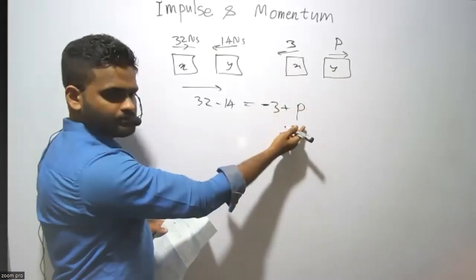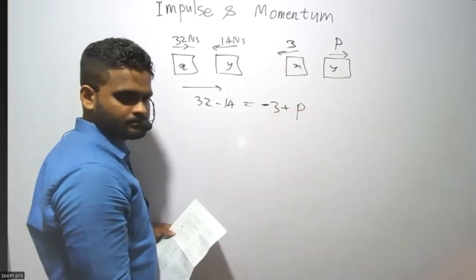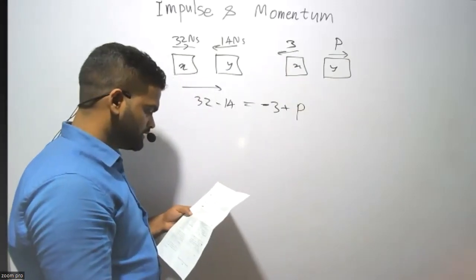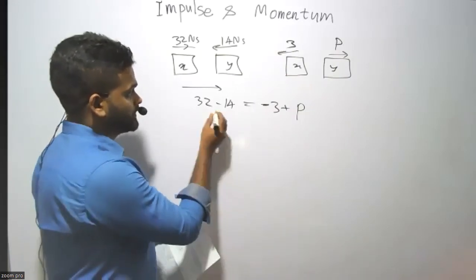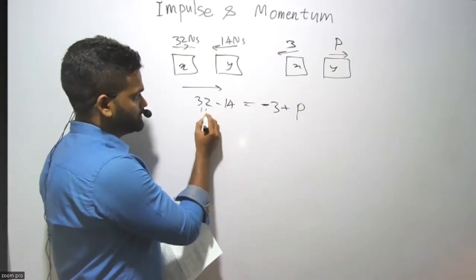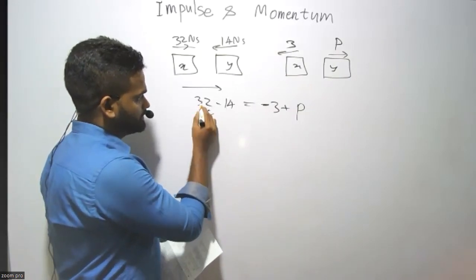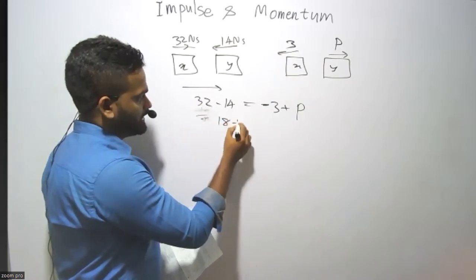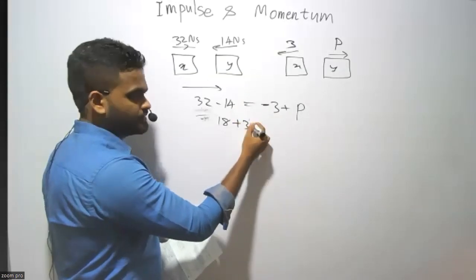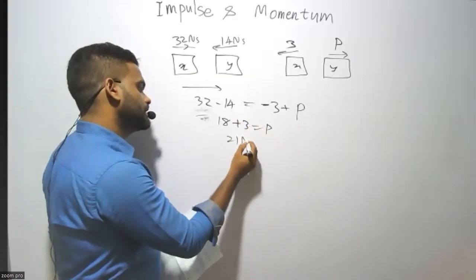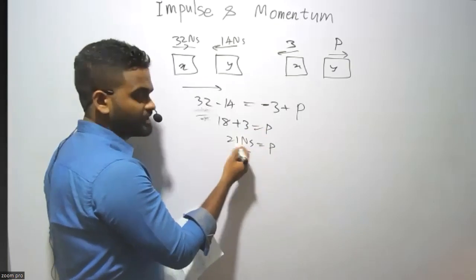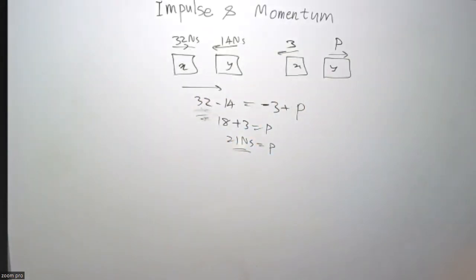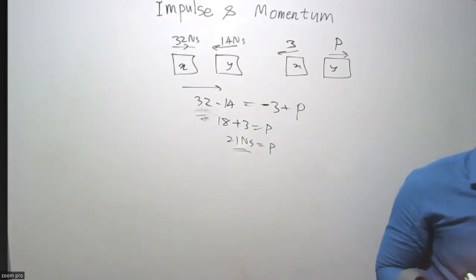Then you just have to find P. That's all. Okay, let's see. 32 minus 14 is 18. 18 minus minus 3 becomes plus 3. So momentum is 21 Newton seconds. Correct. 21 Newton seconds. Fourth one is the answer.